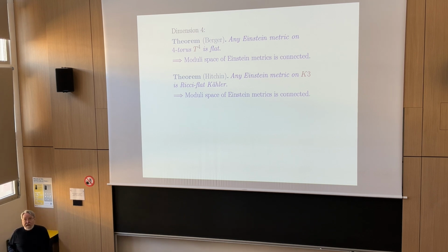And you can describe, there's a very perfect picture. You can describe exactly what the moduli space looks like, even though none of these metrics can be written down explicitly. You can write down approximations. We don't know the metrics explicitly, but we know the moduli space exactly.